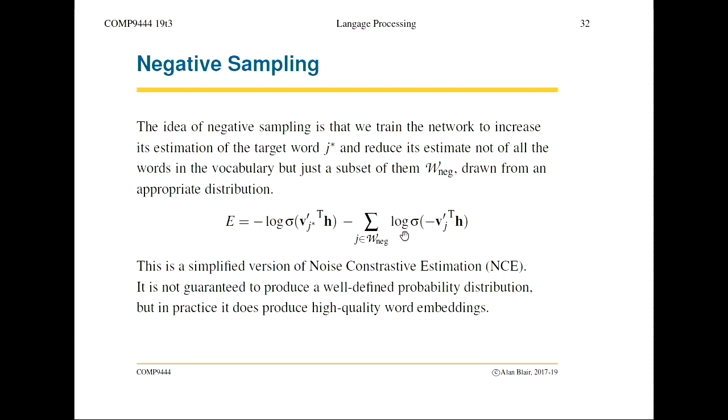Log of, I think the negative sign is actually in here, right? So the sigmoid, by reversing the activation, notice that there's a negative here and not here, sigma of negative x is 1 minus sigma of x.